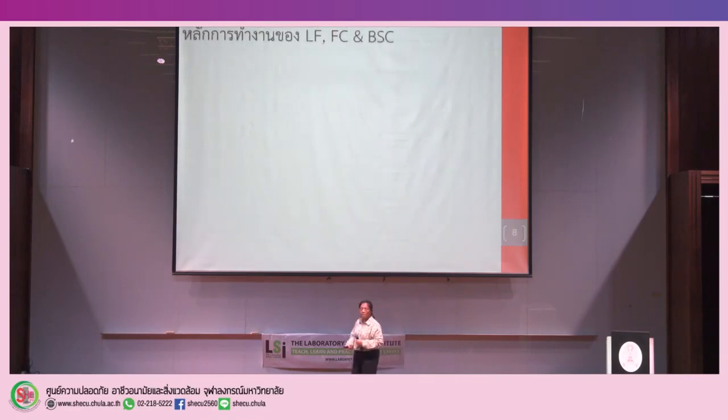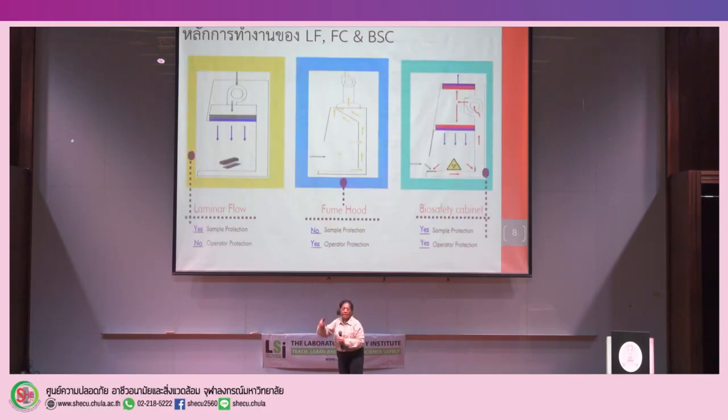Now, does anybody have laminar flow in your lab? You have laminar flow. Laminar flow is designed in different types: laminar flow, fume cupboard, and biosafety cabinet (BSC). The laminar flow protects your sample. It doesn't protect you at all, because it blows the clean air over your sample and out into your face.